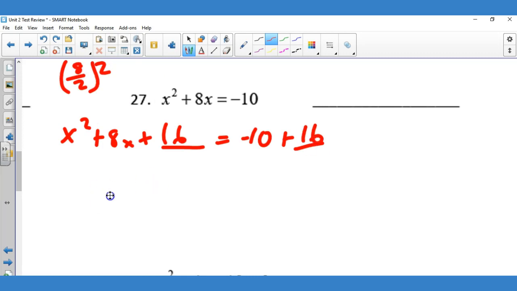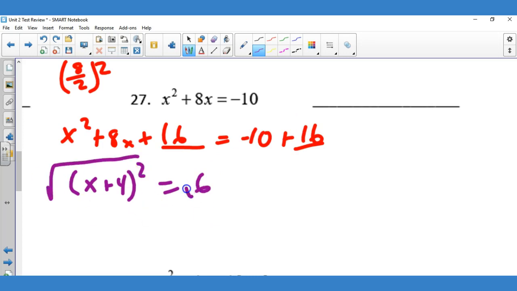Now we factor the left side. And when we do that, remember, 8 divided by 2 is 4. So x plus 4 squared. And negative 10 plus 16 is 6. Now, get rid of this square right here by taking the square root on both sides.